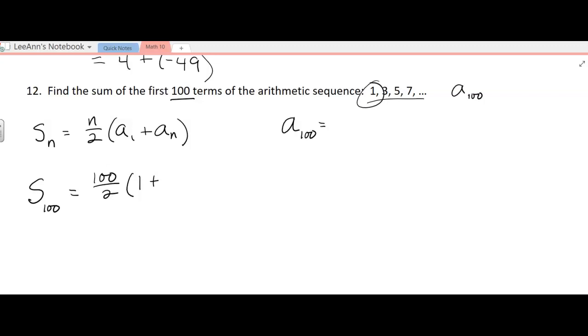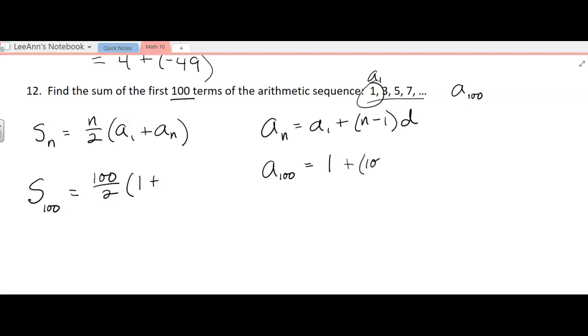So we go back to that formula we had a minute ago. Let me put that formula back. a sub n equals a sub 1 plus n minus 1 times d. Okay, so we are finding a sub 100, and that's going to equal 1. That's the first term, that's a sub 1 there.